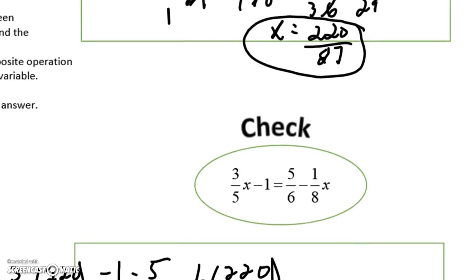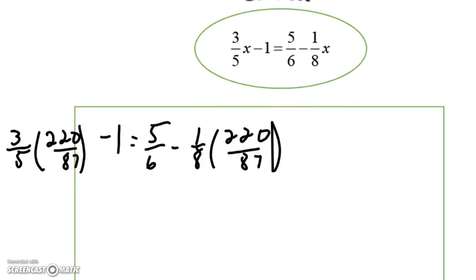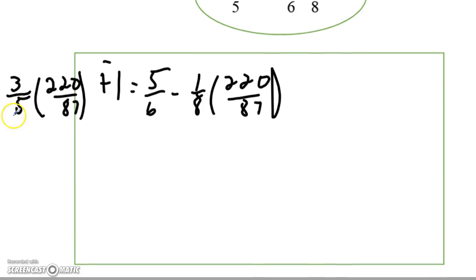But I do need to check to make sure. So if you can see here, I have rewritten the equation, replacing x with 220/87. So once again, I did my addition of the opposite. I can cross reduce. 5 divided by 5 is 1. 220 divided by 5 is 44.